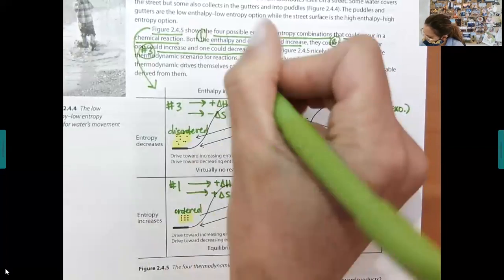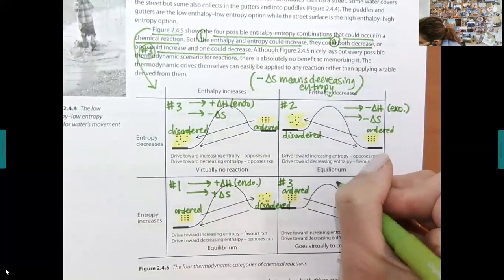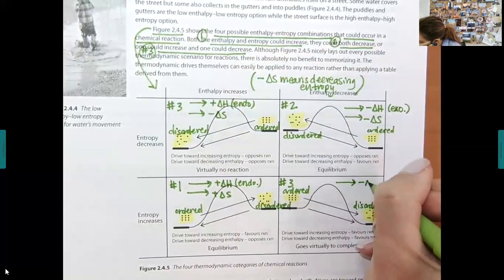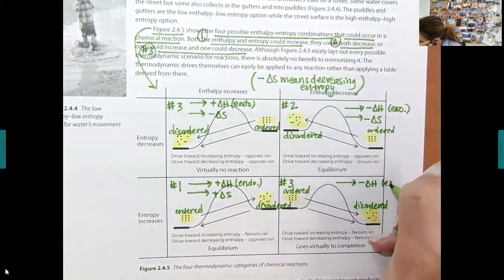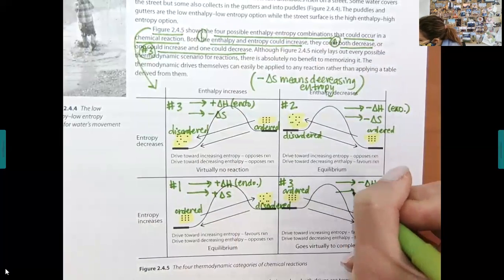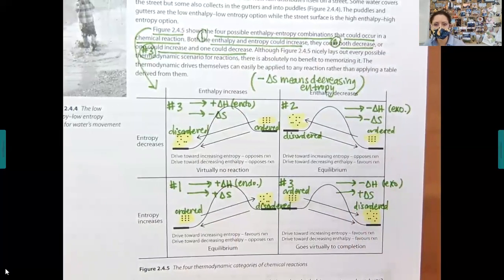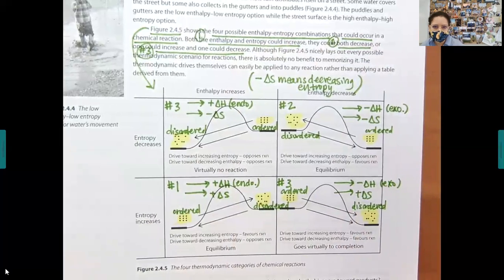Okay. Over here, as I go in this direction, this is a negative delta H because that's the exothermic direction. And then this direction is a positive delta S because you're becoming more disordered. Questions on that?